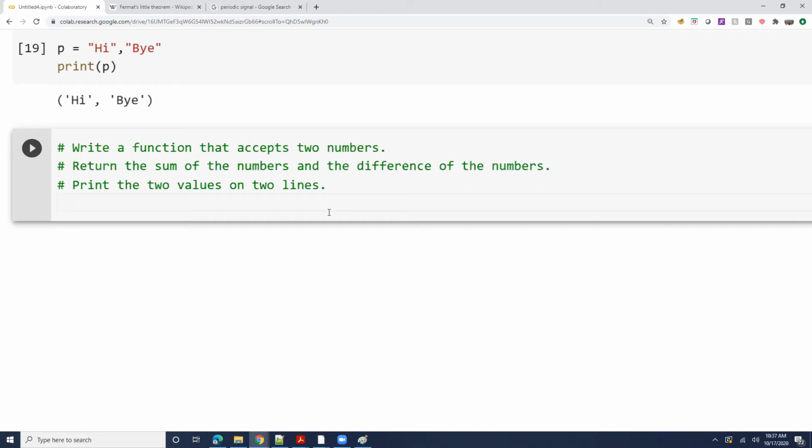So this is the question right now. Write a function that accepts two numbers. You can do either x minus y or y minus x, whichever you want, I don't mind.